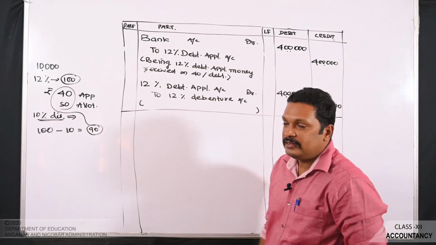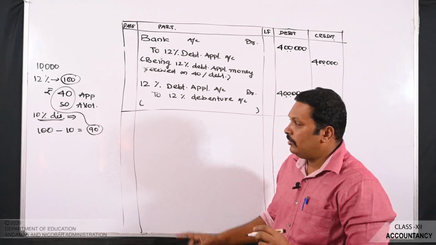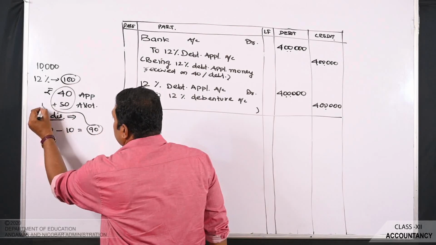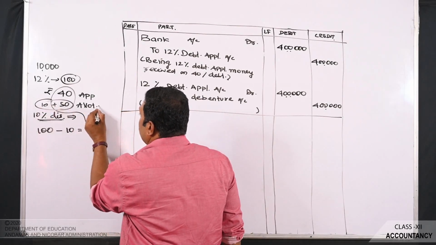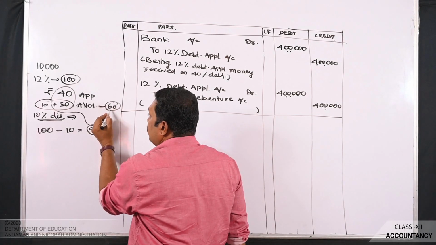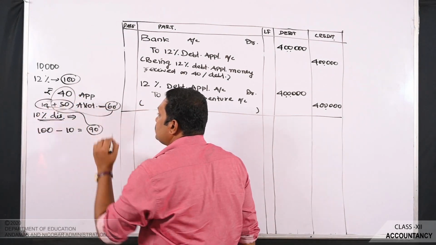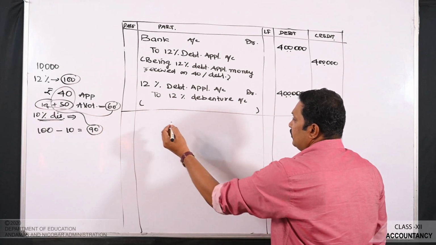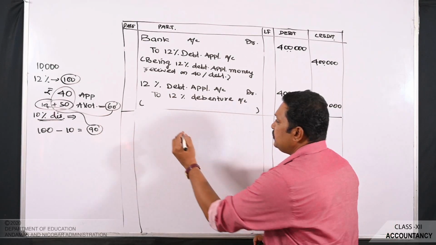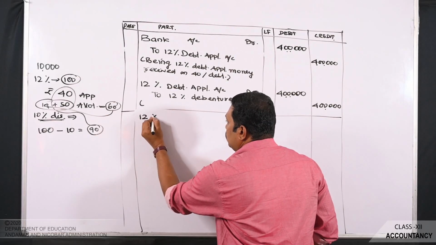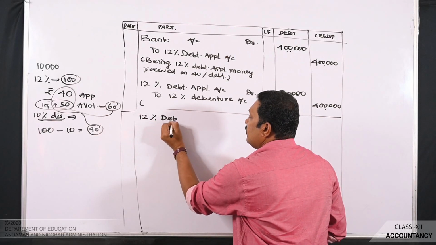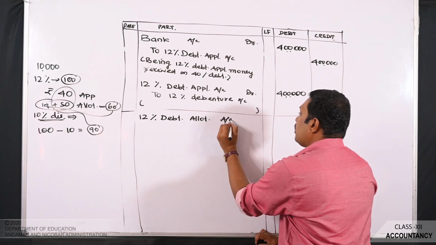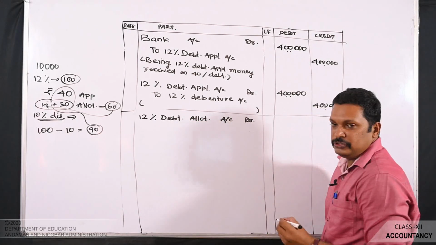Now what is the second part? Allotment part. So keep in mind, in allotment there is a discount of 10 rupees. Actual allotment should be 60, but we are issuing at a discount, so the value is now 50, right? Now pass the entry. 12% debenture allotment account debit.